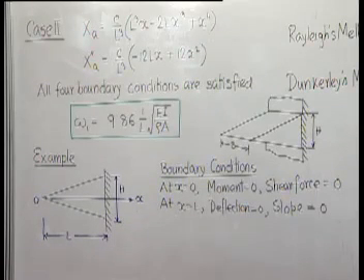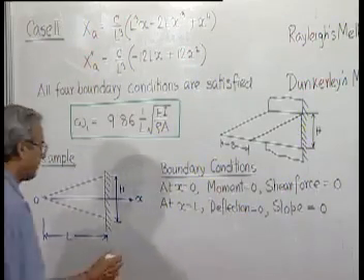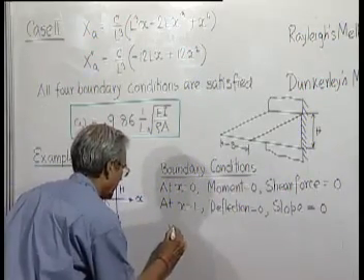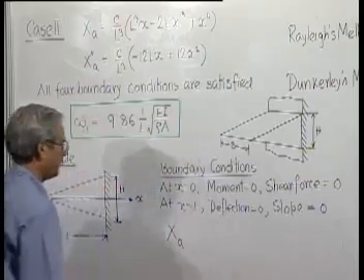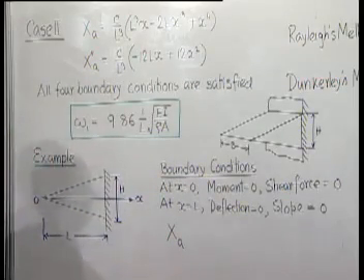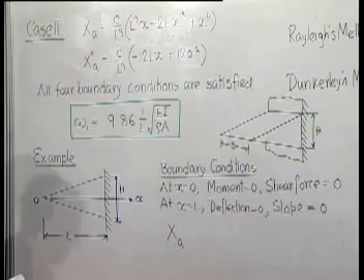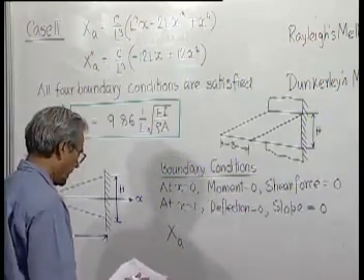So we now choose a mode, we assume a mode shape Xa in such a way that all the boundary conditions are satisfied. We will do it here like this.